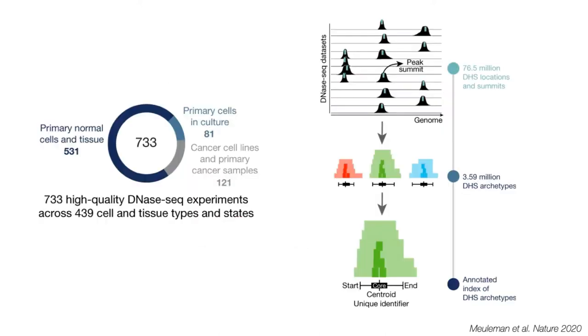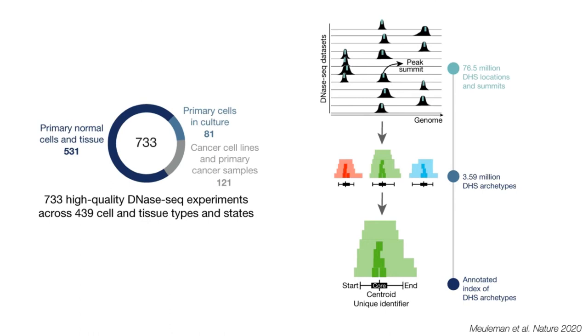So if this process is now repeated over the breadth of ENCODE data, comprising about 733 different cell experiments across approximately 440 different cell and tissue types and states. Those are the contexts. If you go and call all of those data sets individually, you come up with about 70-odd million different hypersensitive sites that are mapped somewhere.